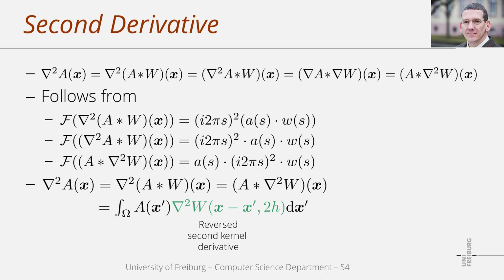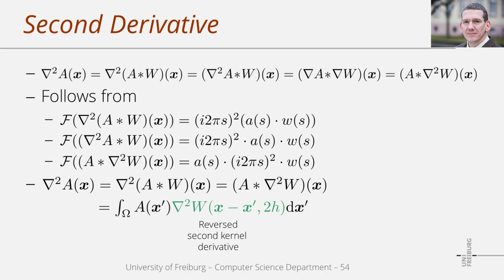I do not go into details here, but the discussion of the first derivative is actually valid for all derivatives, as long as the respective derivative of the kernel function exists. Here we consider the second derivative of a quantity a, and it turns out that this derivative can be written as a convolution of the function a with the second derivative of the kernel function w.